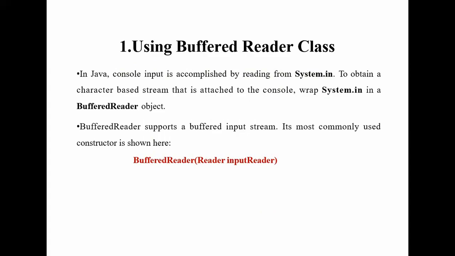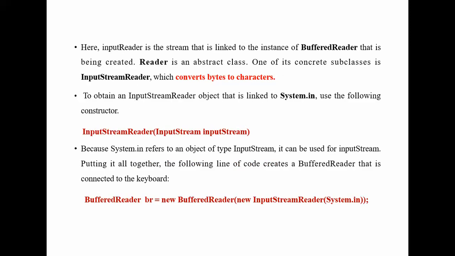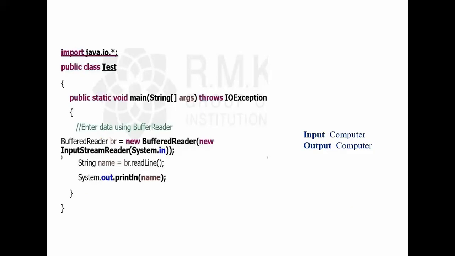So the BufferedReader class reads input through System.in. Let us discuss with examples to clearly understand its purpose and how to write its syntax. If you observe this program, the name of the class is Test, and we are writing a main method, public static void main.